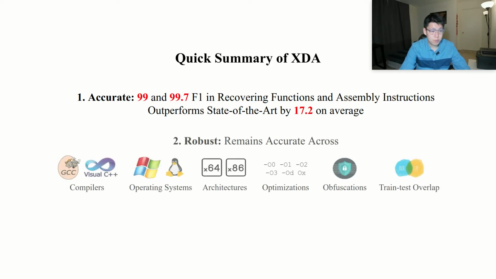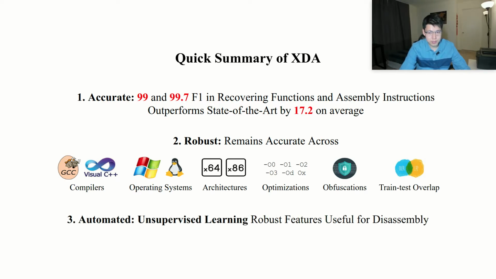It also remains robust, achieving consistently high accuracy across different compilers, operating systems, architectures, optimization levels, obfuscations, and more importantly, on different training and testing overlap rates, including those that are strictly non-overlapping. Finally, it is automated. We leverage novel, unsupervised self-training to learn robust features useful for disassembly without any manual encoding of features or creating heuristics. This implies that we can cheaply collect a huge number of training samples in the wild.